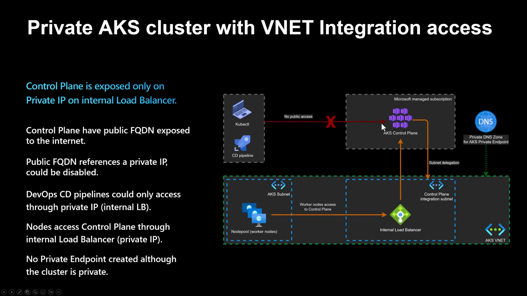So this is a private cluster, but we don't see a private endpoint. Actually, that private endpoint is replaced by this internal load balancer through the delegated subnet that will enable communication over a secure channel between the AKS control plane and the worker nodes. And note how we have a private DNS zone to resolve the private IP address for that internal IP.